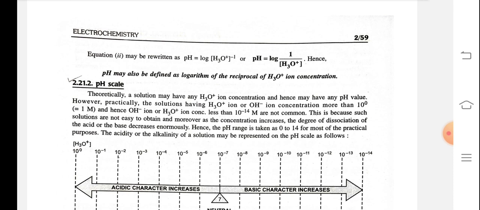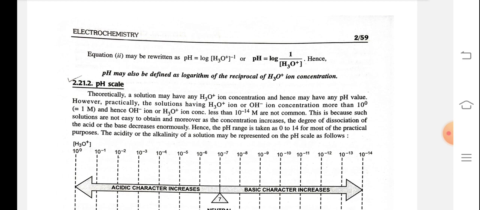pH scale. Theoretically, a solution may have any H3O+ ion concentration and hence may have any pH value. However, practically, solutions having H3O+ ion or OH- ion concentration more than 10^0, that is 1 molar, and hence OH- ion or H3O+ ion concentration less than 10^-14 molar, are not common.